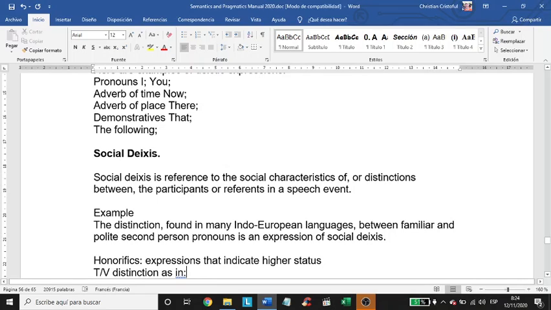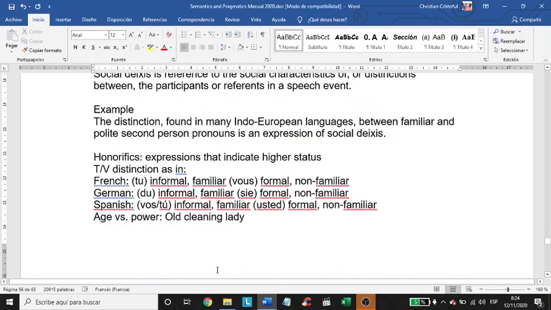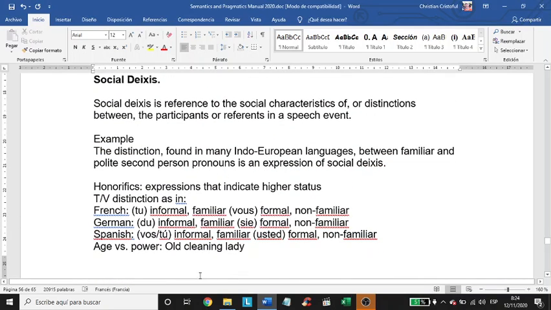For example, we have in Spanish usted, and we have tú, and we have vos. So three honorifics. Yes, these are also deictic expressions. Why are they deictic? Because they are pronouns. Okay. English does not have this distinction. French does, German does, Spanish does.